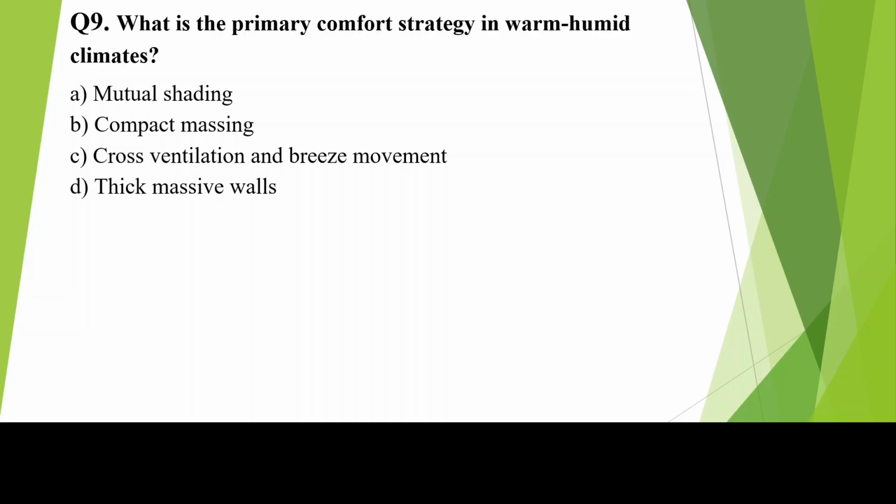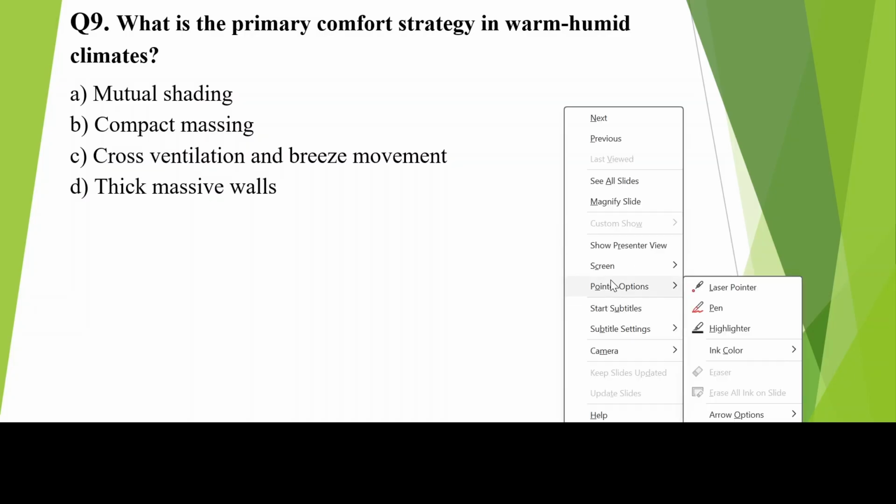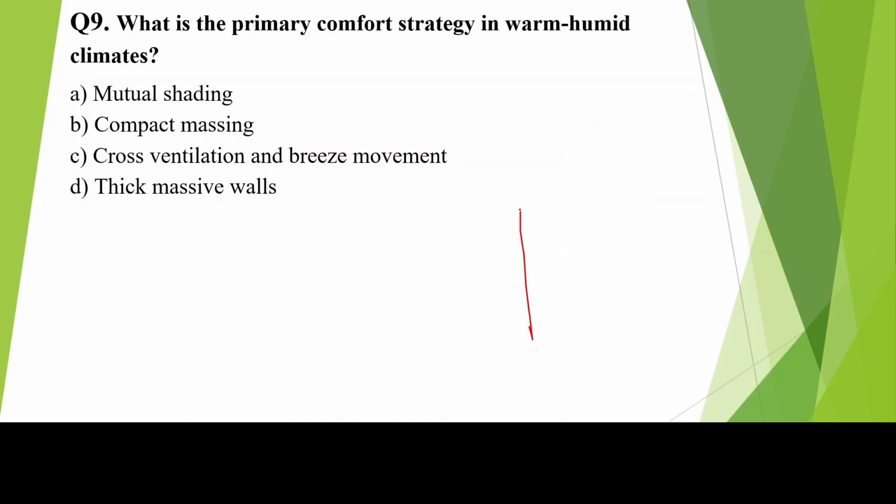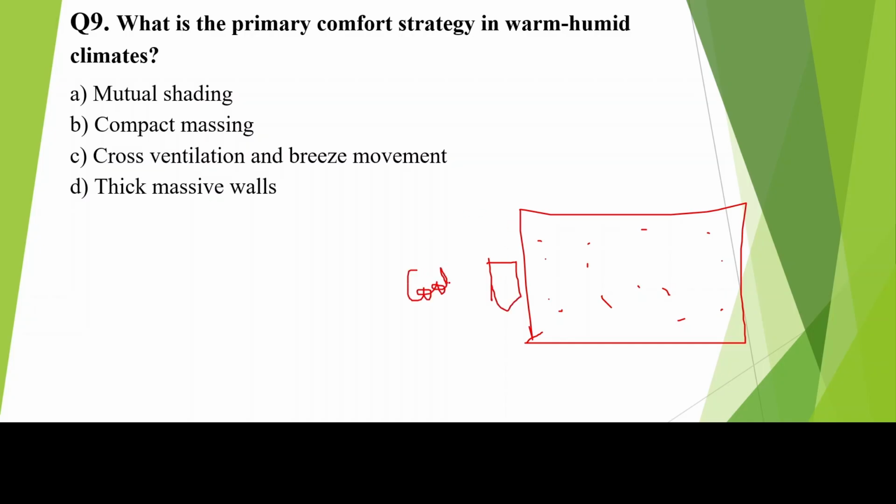Whenever you have closed buildings, due to the high humidity, the moisture gets entrapped inside the buildings. You must have seen people put their coolers outside the room in humid climate regions, because if you keep it inside, it will start increasing the humidity level very high.